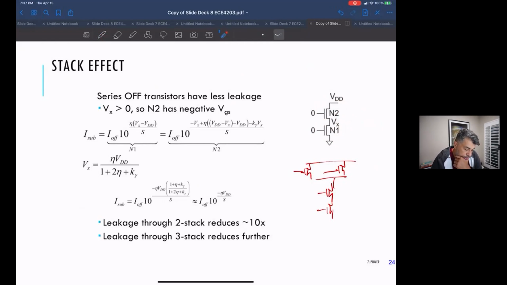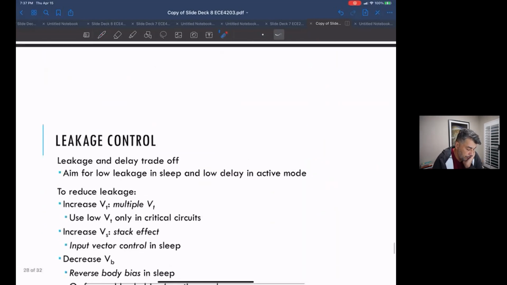So that's because it's in series, it reduces the total leakage current, the fact that this guy has lower leakage current. And then the more devices you have in series, the more effective this is. So it turns out that if you have two devices in series, the total leakage current can be less than you expect, which is a nice thing.